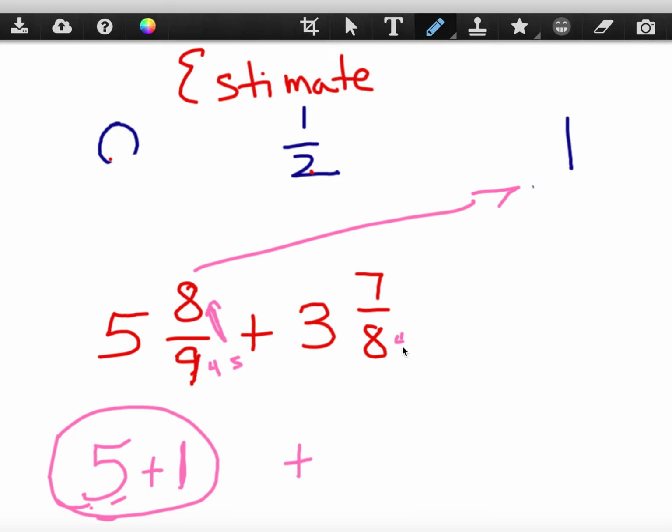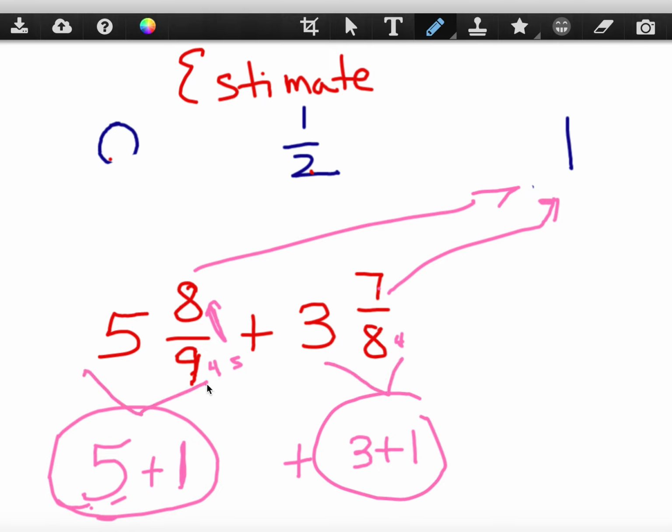Half of 8 is 4. Well, 7 is greater than 4, so this also becomes a 1. So I have 3 plus 1. These get changed to that. All right, so 5 plus 1 is 6. 3 plus 1 is 4. So together, they make a whole number without any fractions of 10.